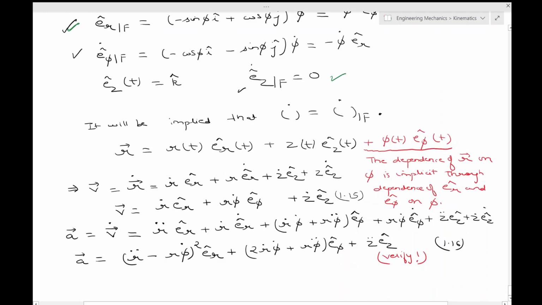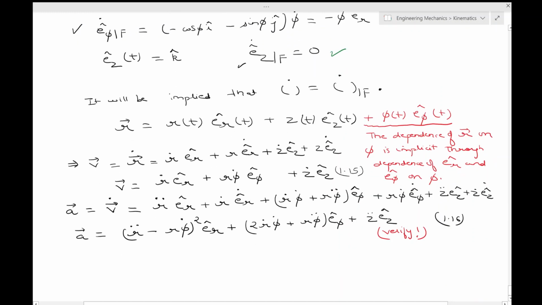Now with these expressions for velocity and acceleration, we want to separate the radial and the transverse and the axial parts. So Vr is r dot, V phi is equal to r phi dot, and Vz is equal to z dot.